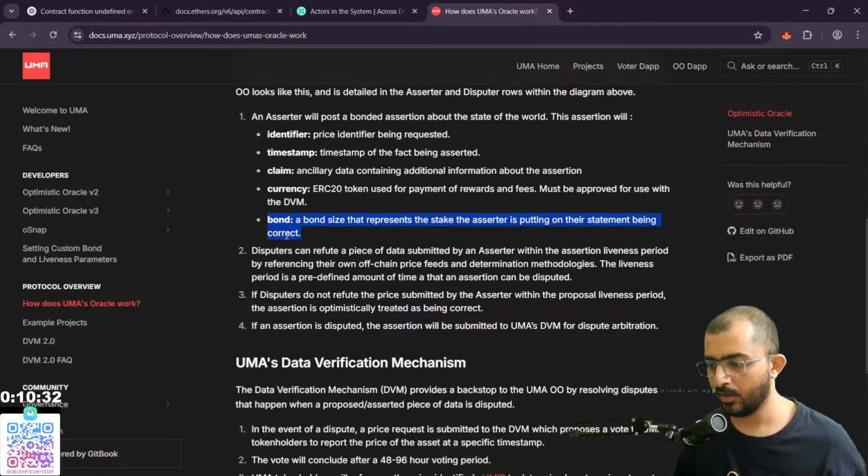Okay. So that's what we said, right? The person who is posting the data puts some money there, and they say, okay, I'm saying the correct thing. If I'm wrong, let me know in like 3 or 4 days, and then the people are incentivized to check if that thing is correct or not.